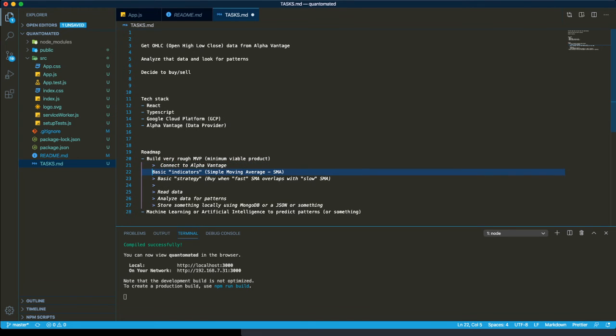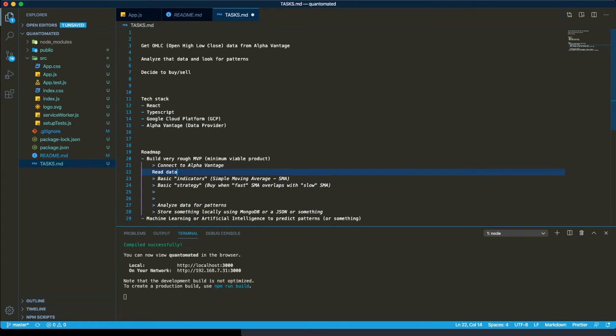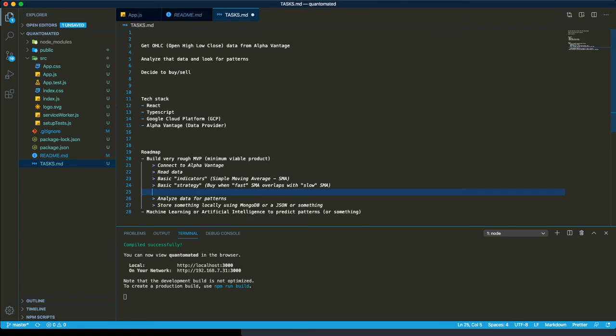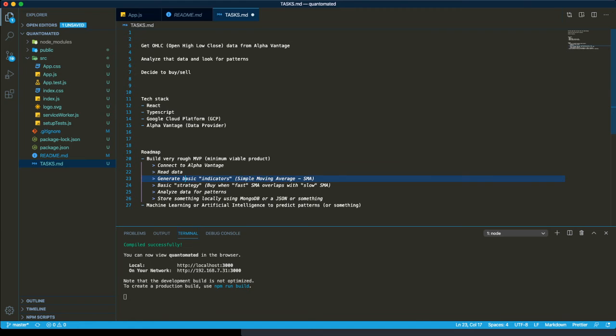So we'll actually do that class. Let's see, connect to Alpha Vantage, read the data. Let's see, generate basic indicators, leverage basic, and dumb strategy.